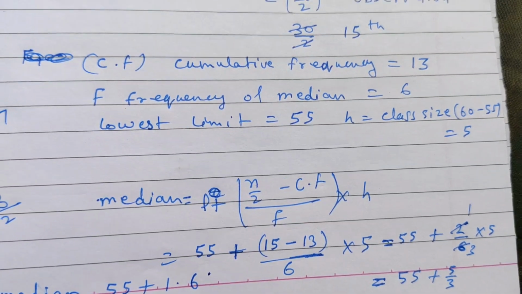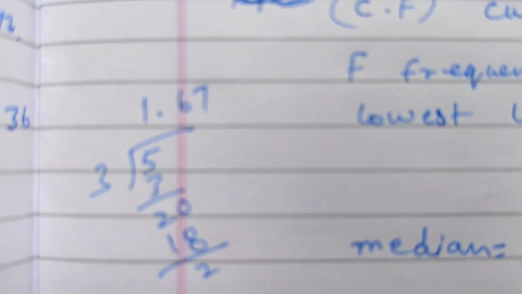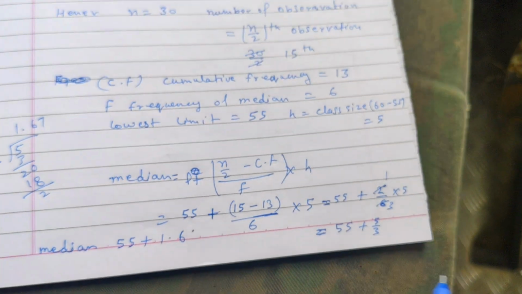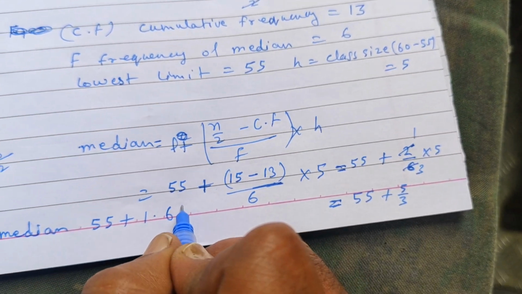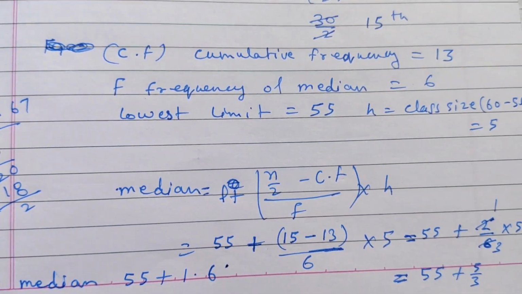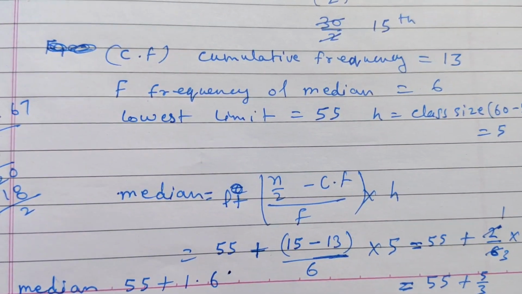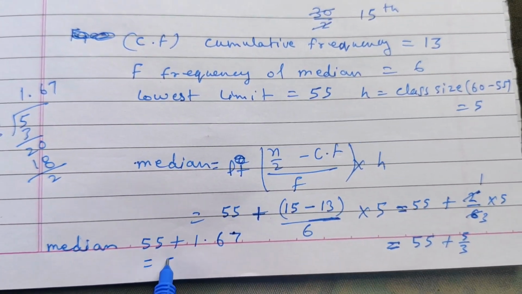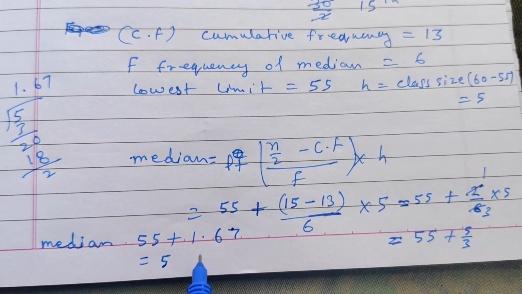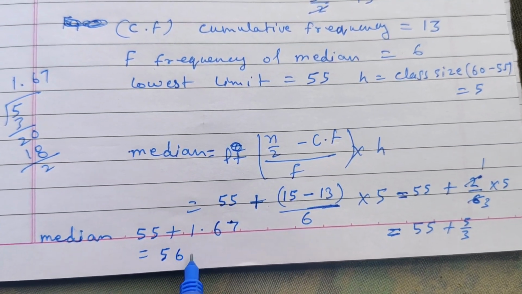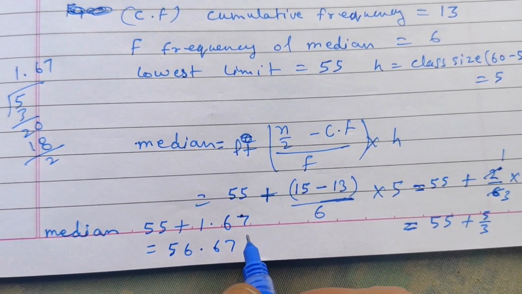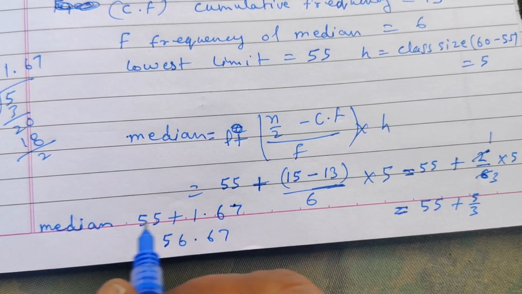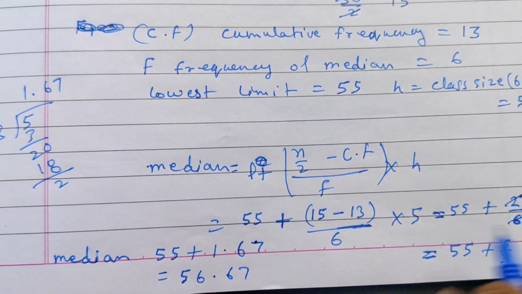Here the weight in kg. The median is 56.67. This is the median, hence 56.67.